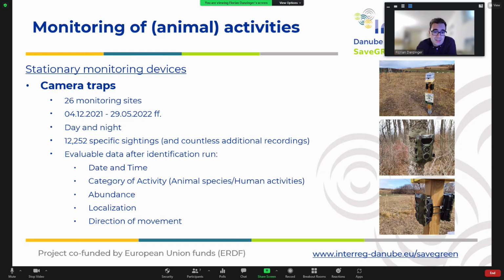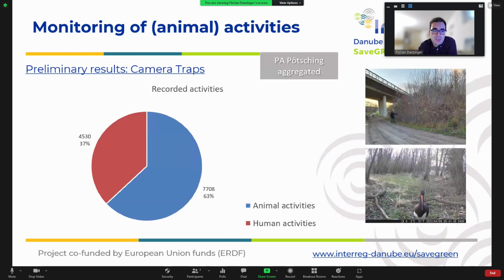The data includes date and time of the picture taken, the category of activity, be it animal or human activities, and of course the species, the abundance, the exact spot of the camera, and the direction of movement of animals. So when looking at the details aggregated for all the 26 sites, you can run some very interesting analysis. For example, the activities of humans and animals in the area.